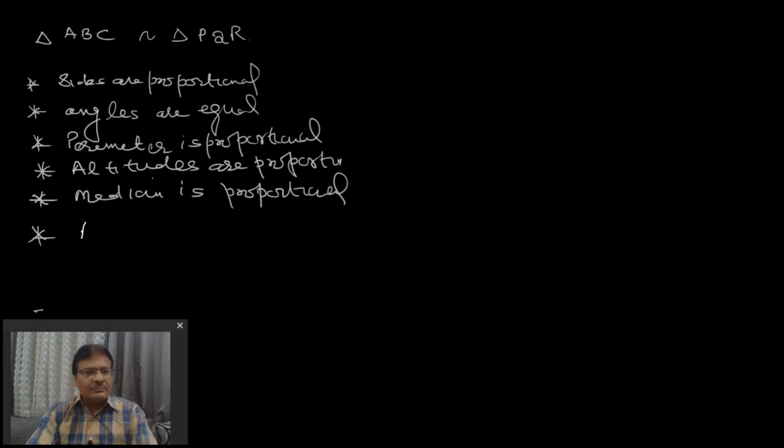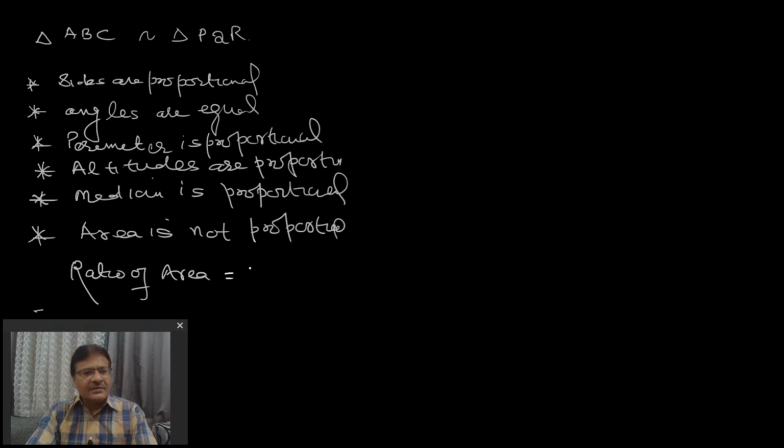Area is not proportional. Please do remember, area is not proportional. The ratio of areas is equal to the square of the ratio of sides. So please do remember these important properties.